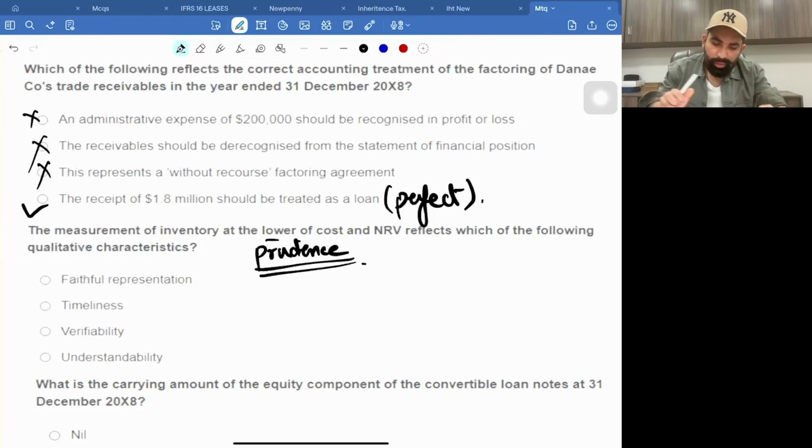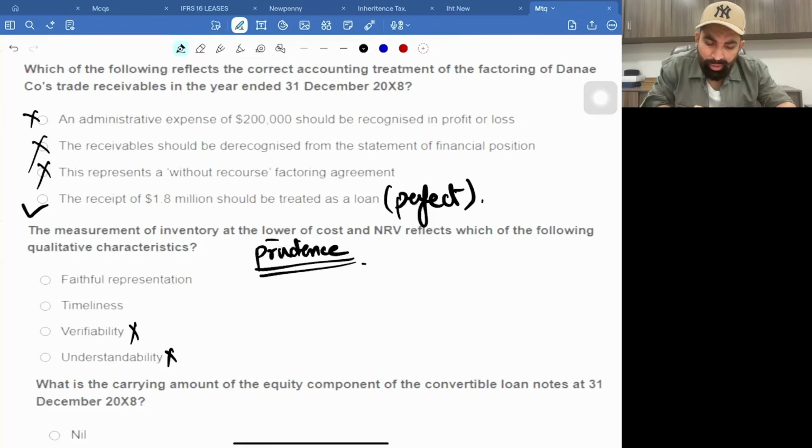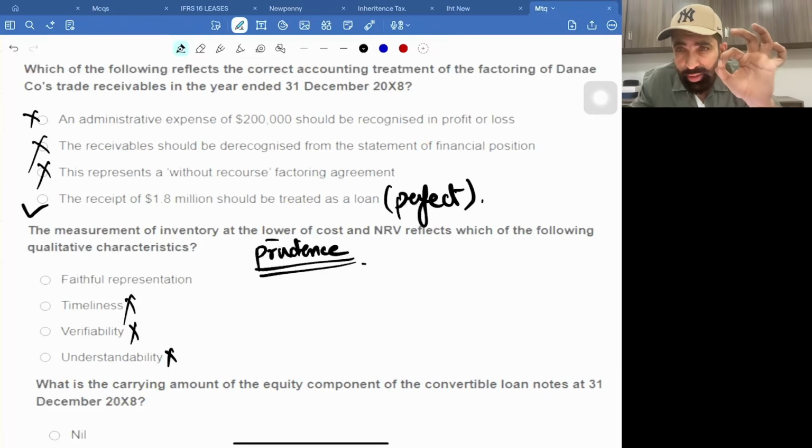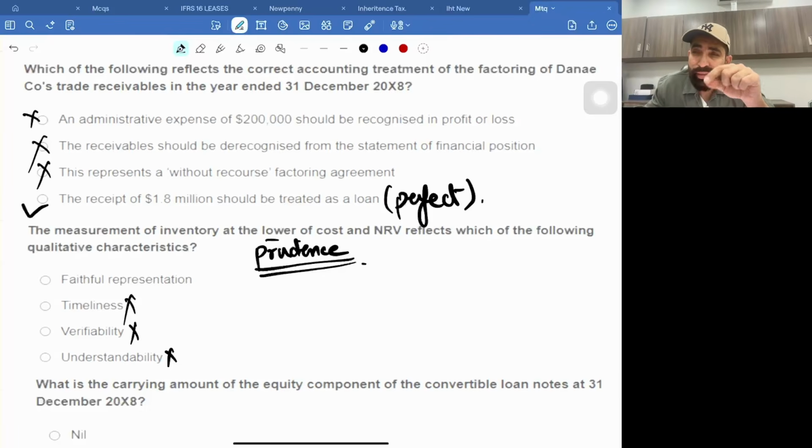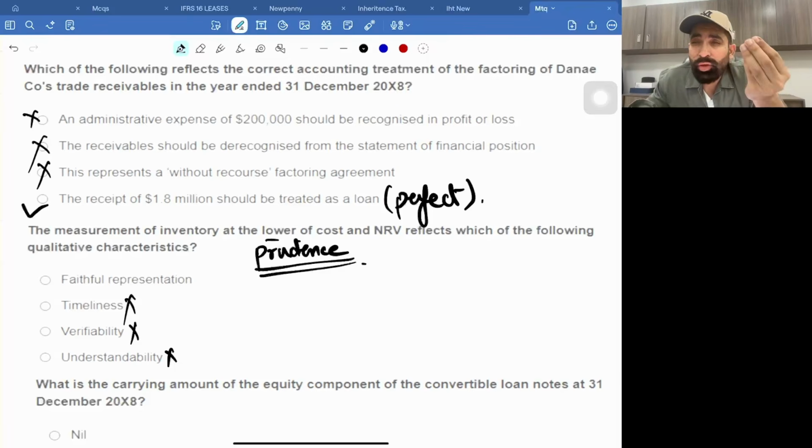So wait, it has nothing to do with understandability. Hope you remember understandability, that financial statements should be understandable up to some extent. It has nothing to do with verifiability, nothing to do with timeliness. But listen to me, when you are booking losses immediately, that means you are doing pure faithful representation. You are faithful to your shareholders, showing the real picture immediately.